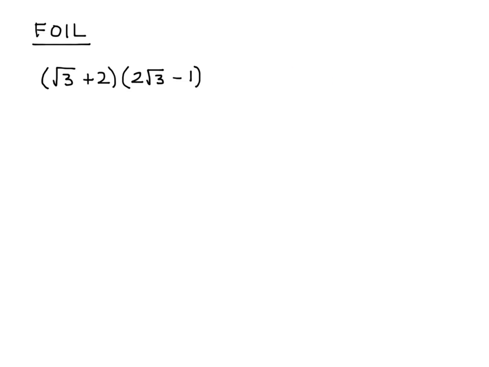Okay, so when we have two different factors that are the sum or the difference between numbers, rational and irrational, we do this exactly the way we did with polynomials, where we do this by that acronym FOIL, where you take the first ones, and then you take the outside.